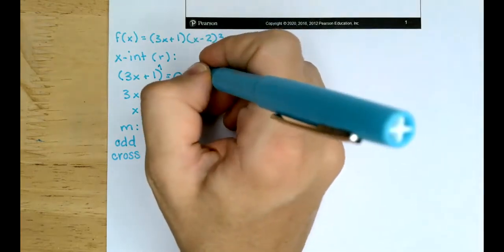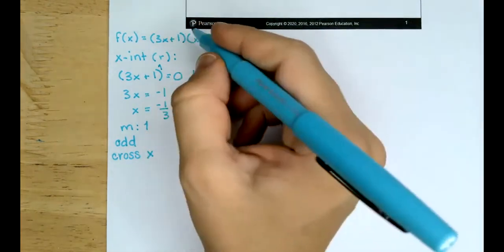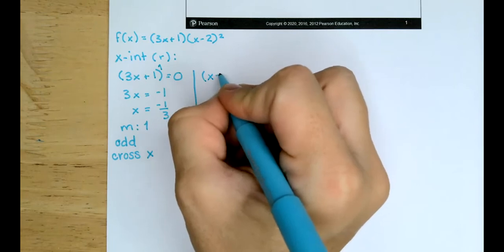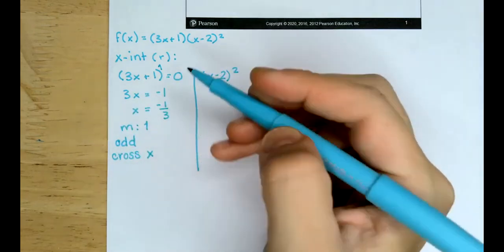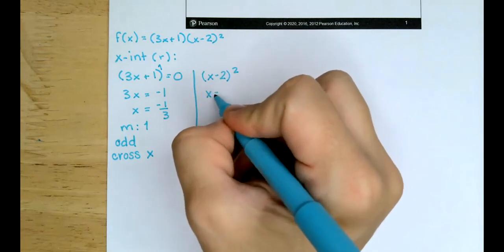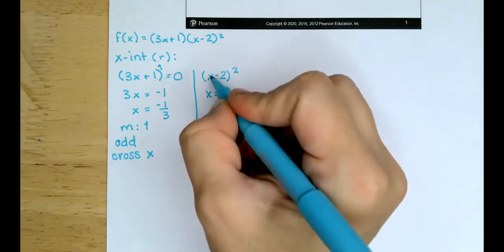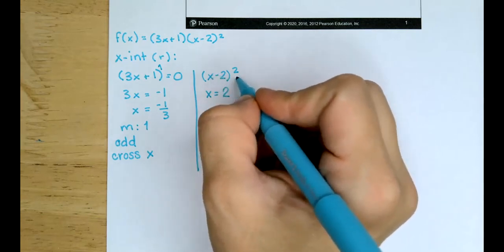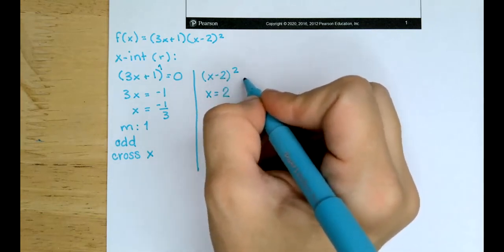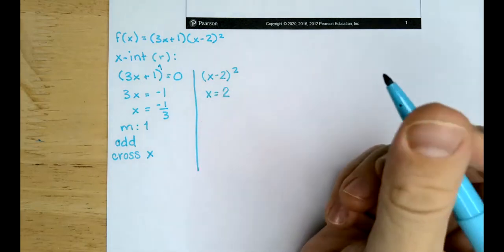That's our first x-intercept. We have one more at x minus 2 squared. So that's a little bit easier. We're not going to have to do x equals. We can immediately go to x equals 2, right? Because if I set that equal to 0 and I said x minus 2 equals 0 and I move the 2 over, it would just say x equals 2.